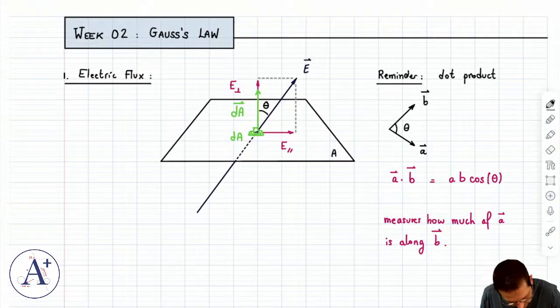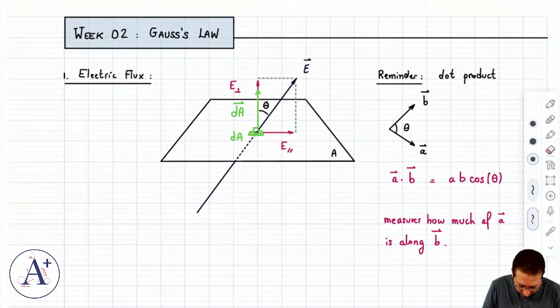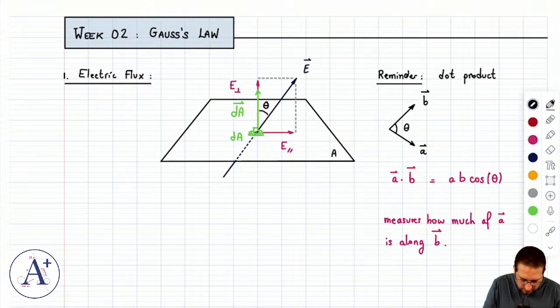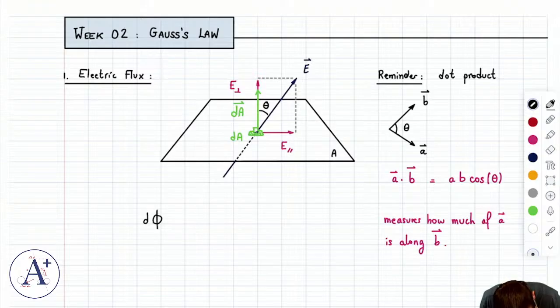And so then I have this electric field that is going through the surface, and the tiny amount of flux that's created by just this one field line, we're going to call d phi e. Now, phi e is the electric flux, but d phi e is the electric flux from one field line. Okay? That's just going to be E, the electric field, dot dA.